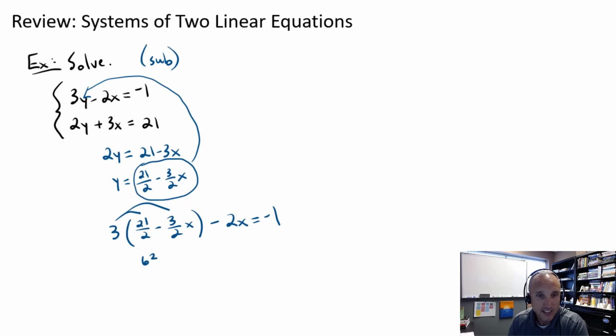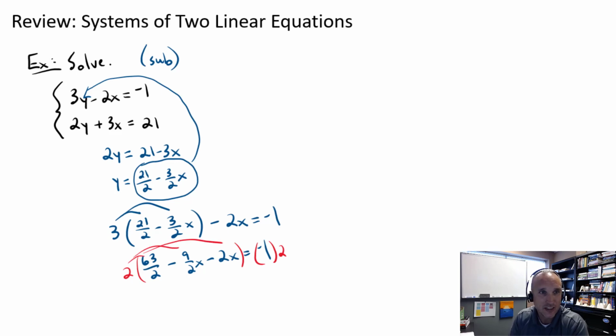So we get 63/2 minus 9/2 x minus 2x equals -1. And you can see the fractions floating around here. You can work with them as they are. I'm not using a calculator here, so I'm just going to get rid of all my fractions by multiplying both sides by 2 at this point.